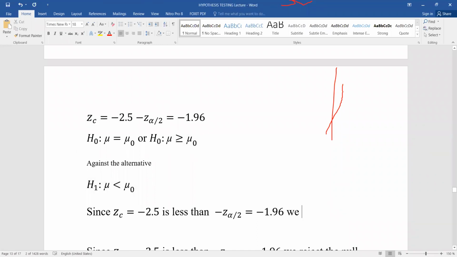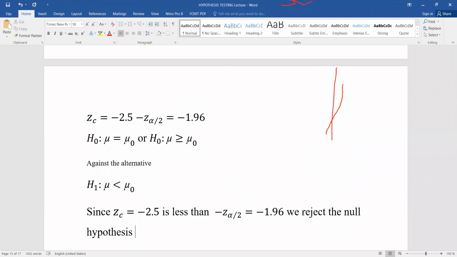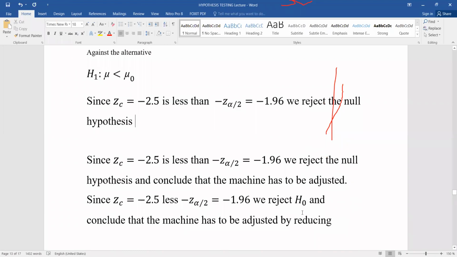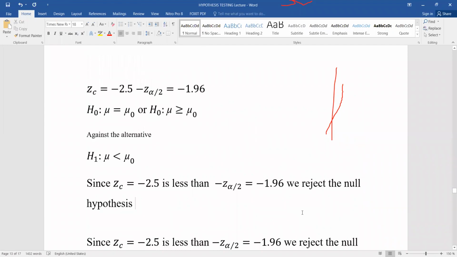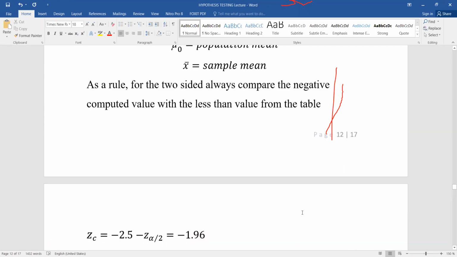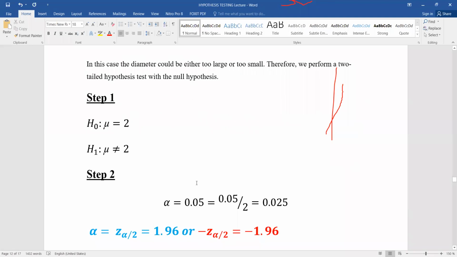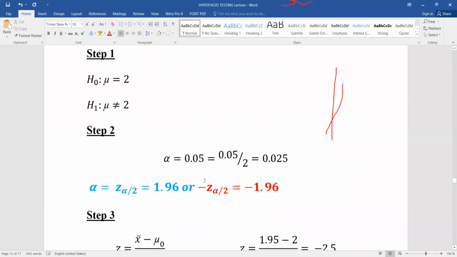So we reject the null hypothesis, and remember the alternative was not equal, which means it needs to be adjusted.